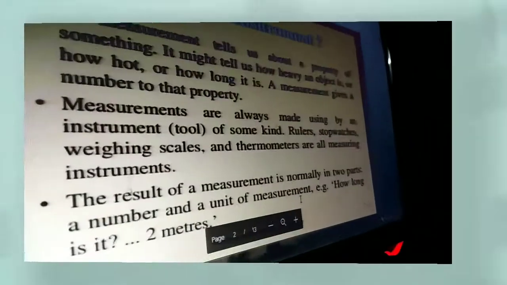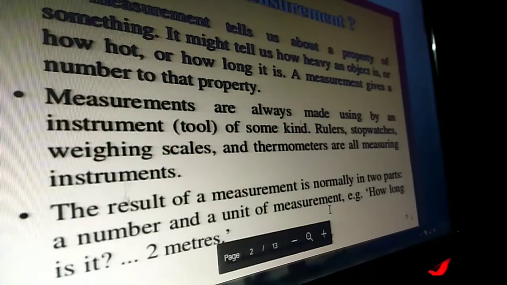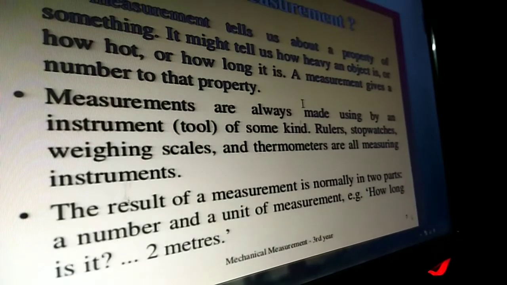Measurement tells about a property or a quantity of something, whether the object is heavy or long, or hot or cold. It is one property of things which can be measured. Those properties which can be measured are called physical quantities.